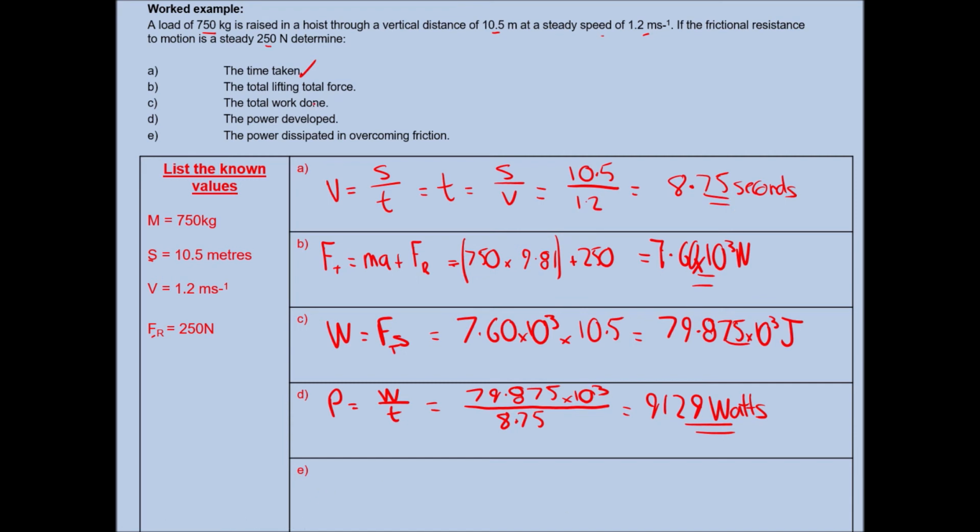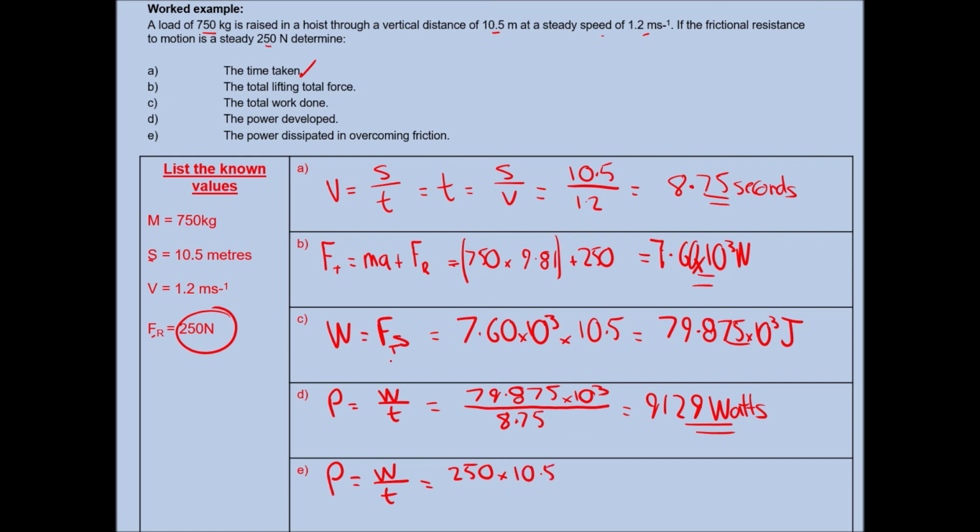Last bit, power dissipated in overcoming friction. So to get an object to move, you've got to overcome friction. Check out the coefficient of friction video if you struggle with that one, or alternatively get back into your notes. So we've got the same formula, power equals work divided by time, but the work here is the work that's used to overcome friction. So this is going to look slightly different than before. The work to overcome friction is 250 newtons times the distance, which is 10.5.